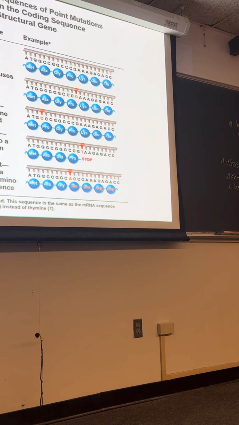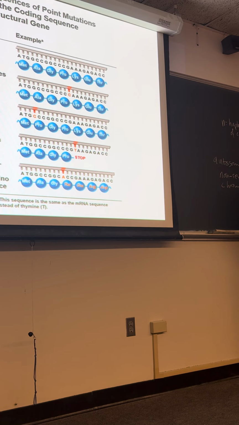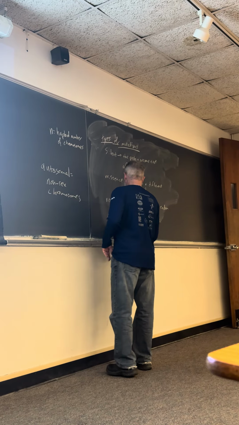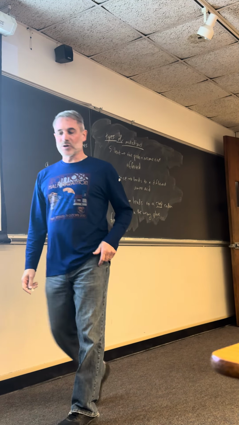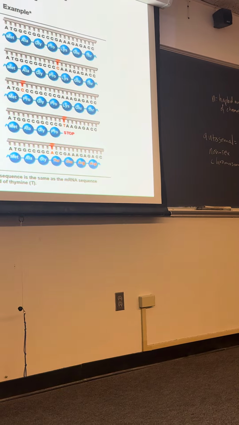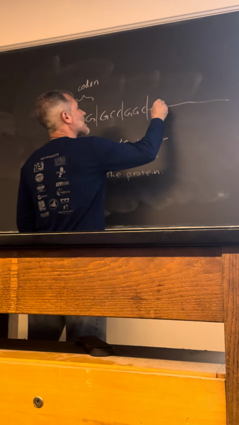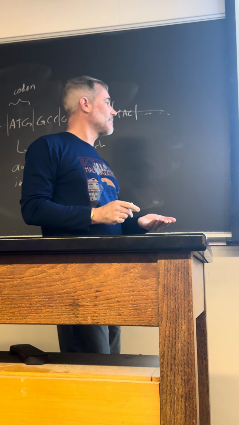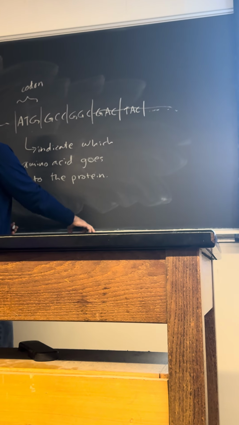Okay, and then the last one is called a frame shift. And a frame shift is a really drastic mutation. If we think about the DNA encoding amino acids in groups of 3s, for example, if you delete or add a nucleotide to the DNA, which can happen, think about what the consequence of that would be.